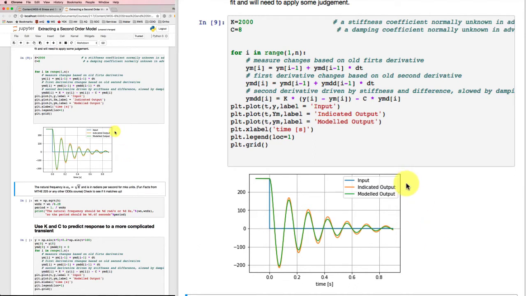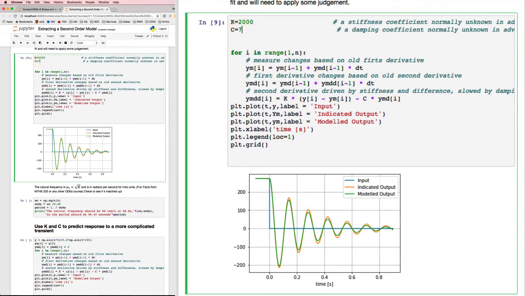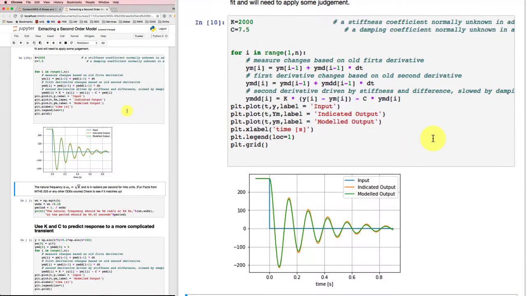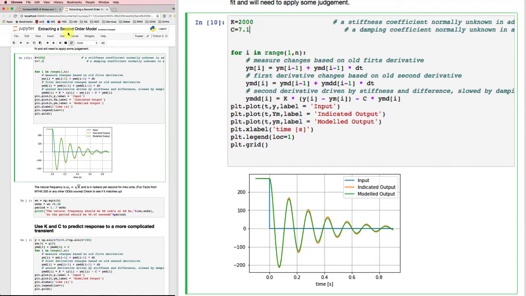Not quite there yet. Let's make it 7.5. And 7.2, 7.1.